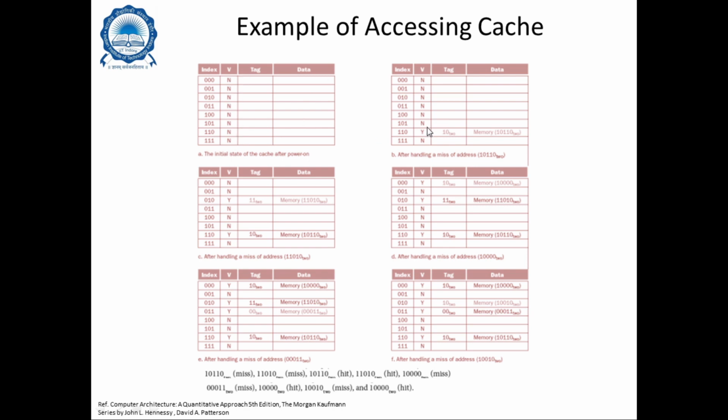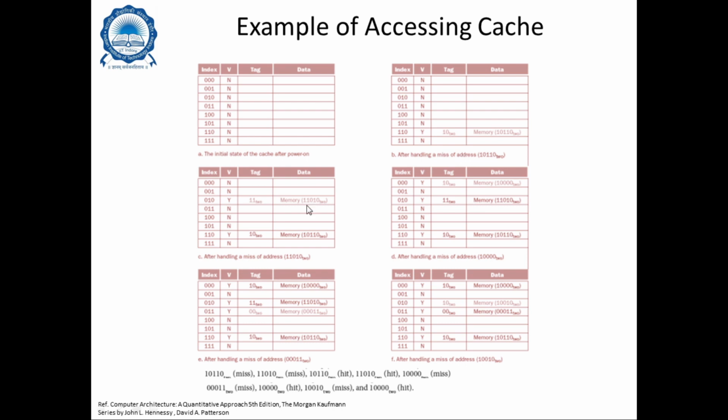Once accessed, the bit will be turned on and become yes, so Y. The remaining stay as N, that is, not accessed. So this is the initial state, and this is the first state after encountering a miss for the address 01101.